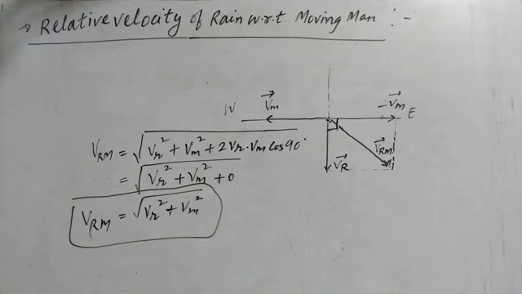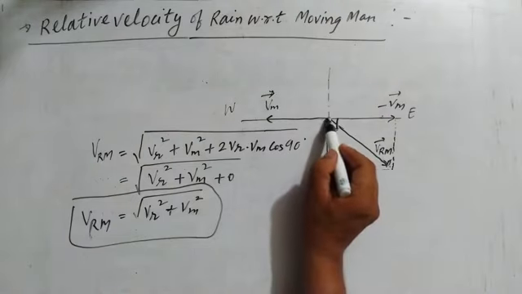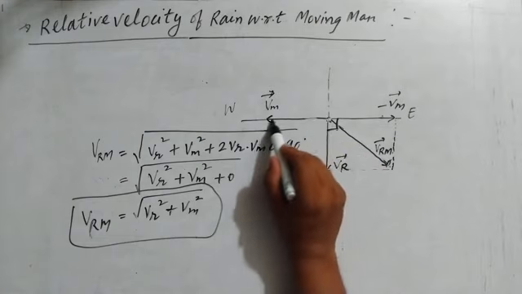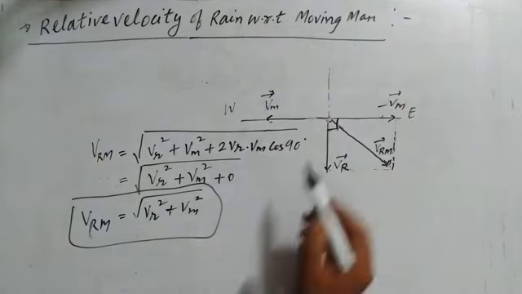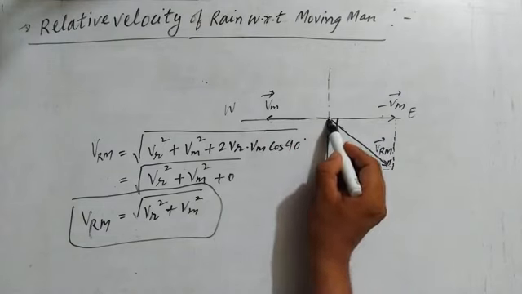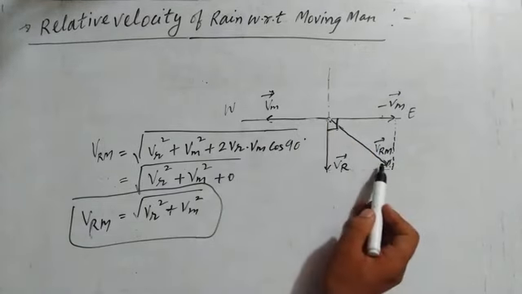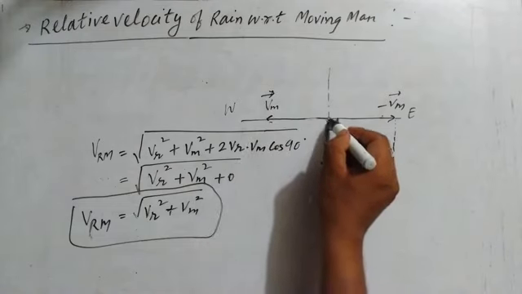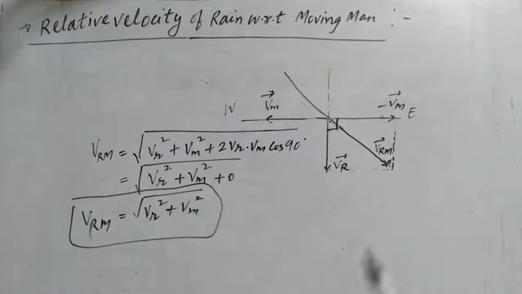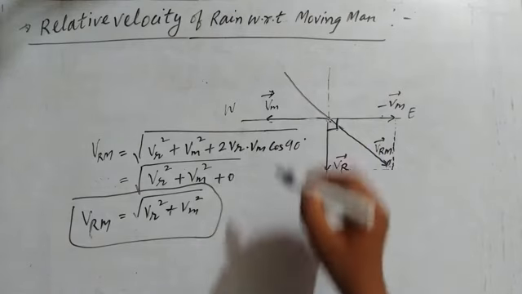Now, in which direction should the person hold the umbrella? Since the person is moving along the west direction and the rain is falling vertically downward, one should hold the umbrella in the forward direction, just opposite to the relative velocity of rain with respect to the man.